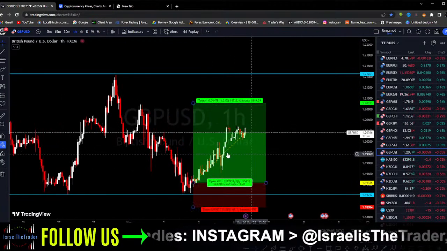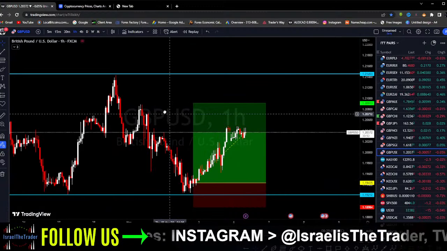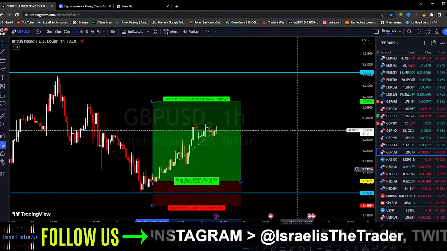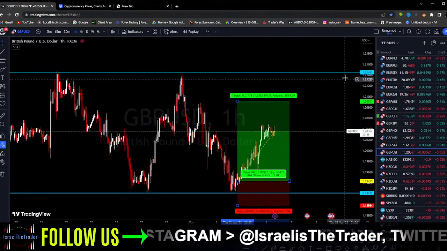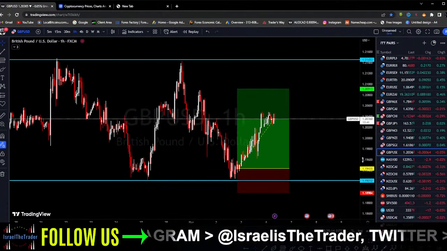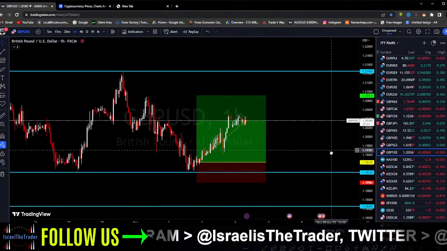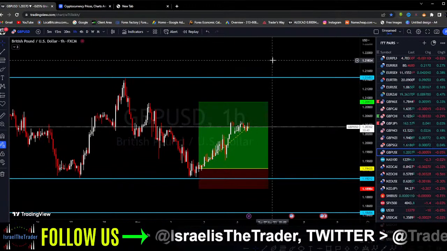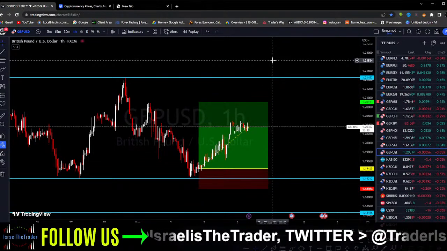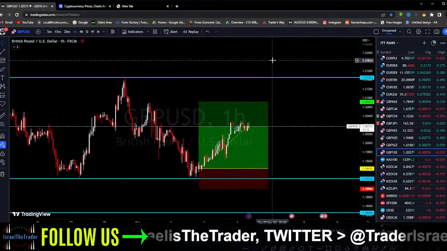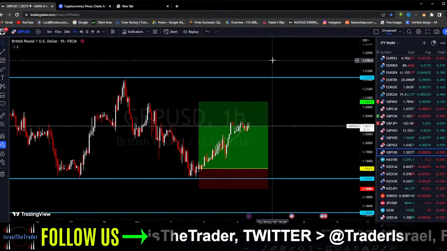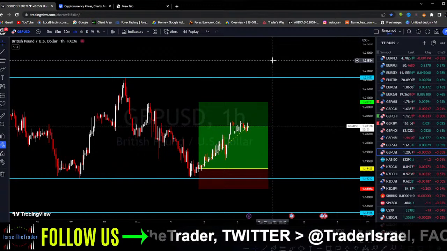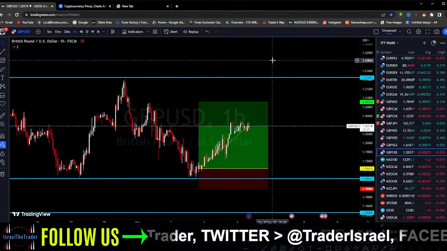We did not get in right here because we got in late. So on GBP/USD right now, I'm seeing that the market will continue to push back up to the upside to around price 1.21453. That's where I'm expecting GBP/USD to reach before it might come down for a retracement.